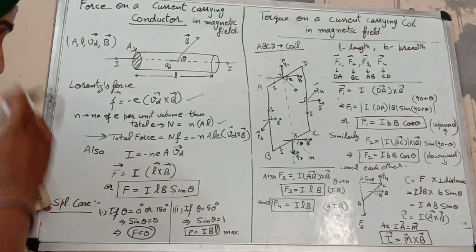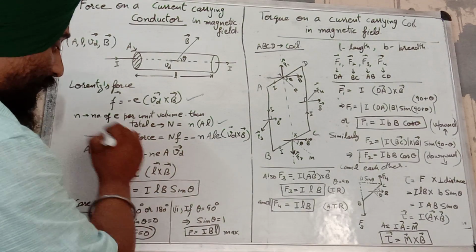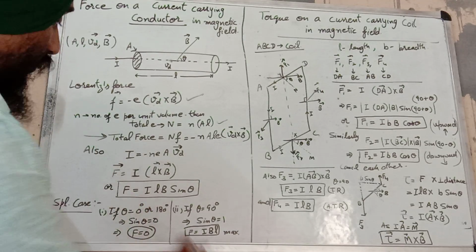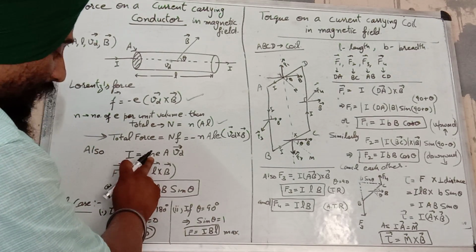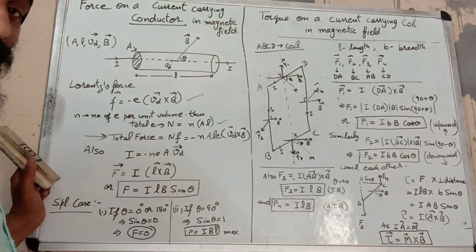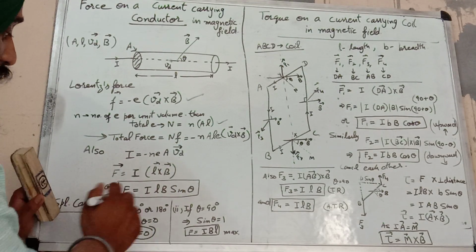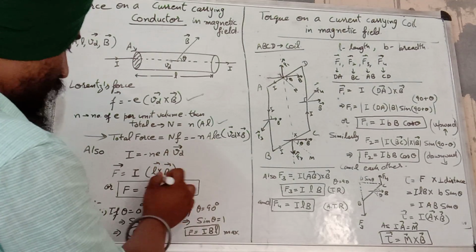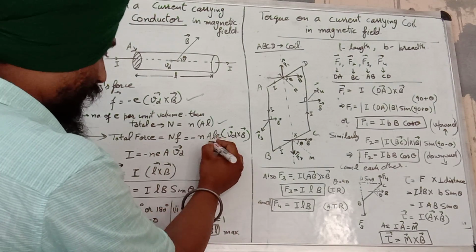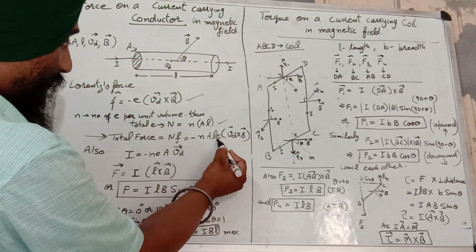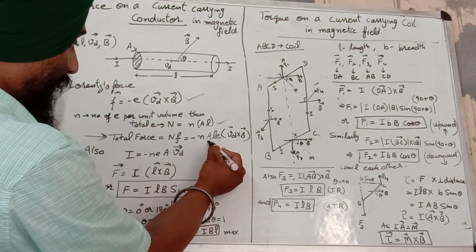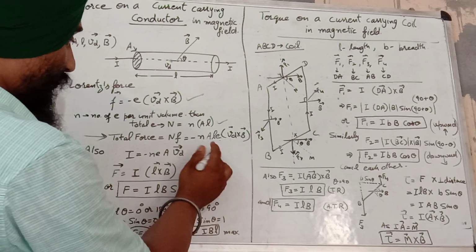Now, from the drift velocity and current relation, we know I equal to minus neA Vd.